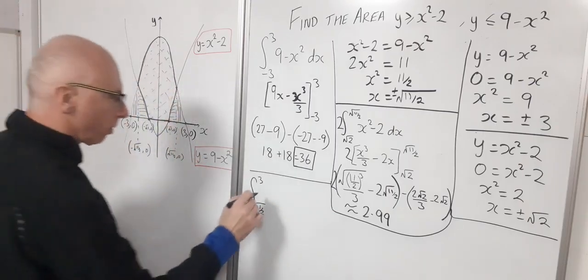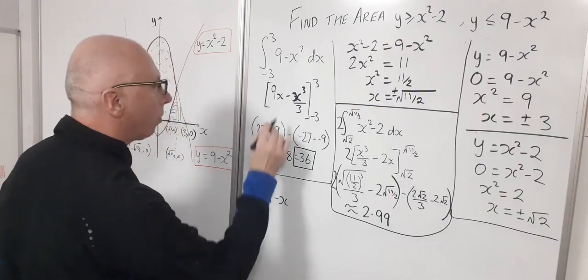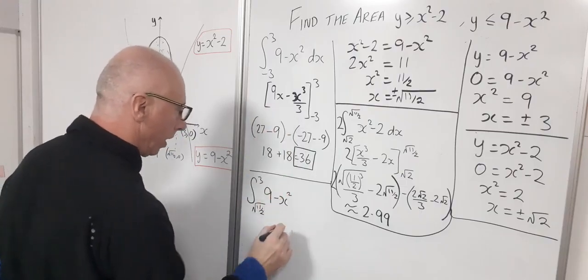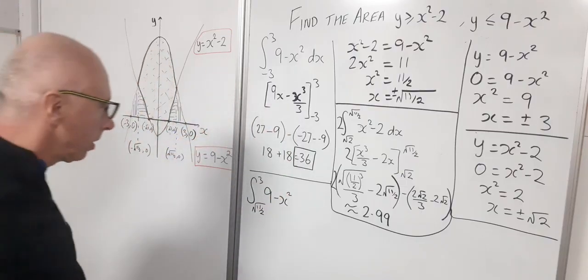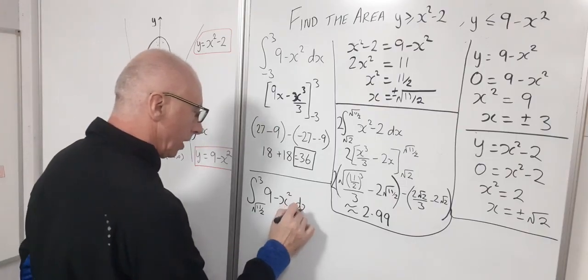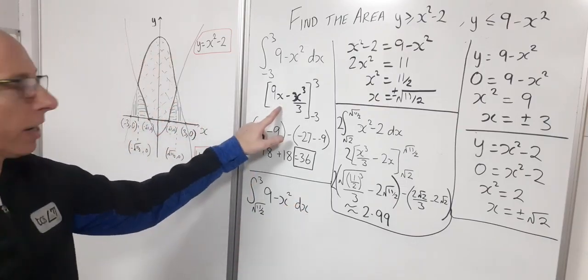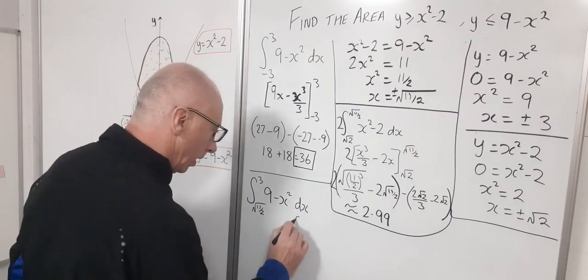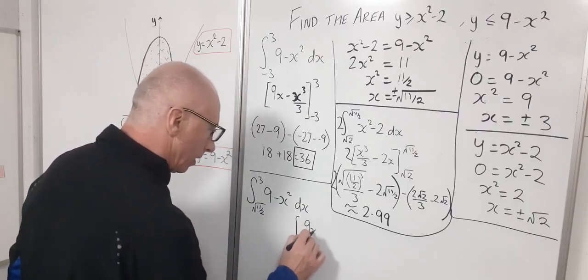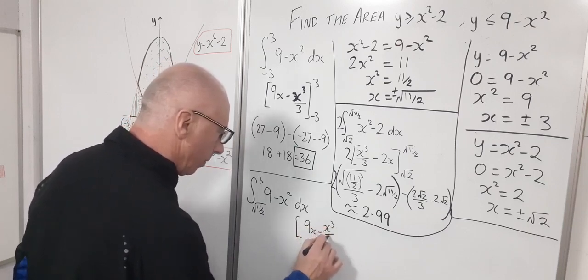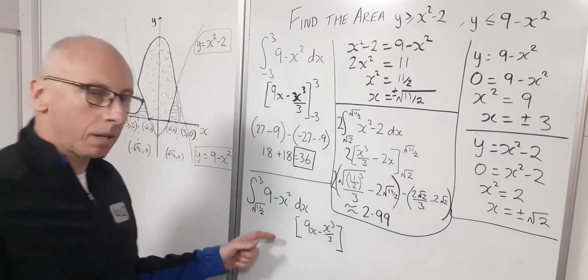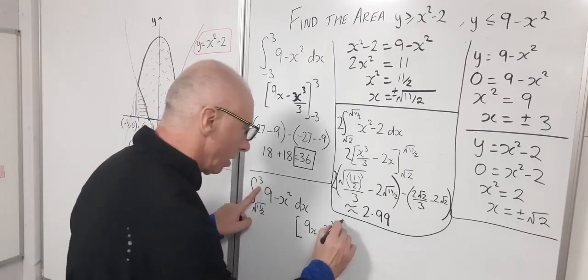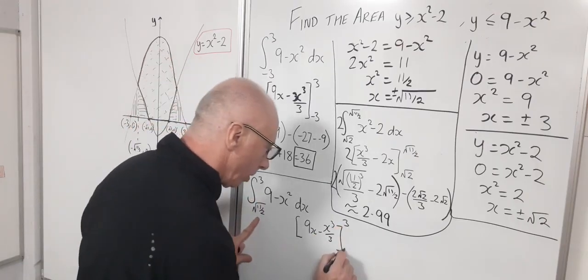What's the equation for this curve? It's 9 minus x squared. We've already integrated this curve here, but obviously with different bounds. So 9 minus x squared dx, we know the integral of that is 9x minus x cubed over 3. Now let's work along here. This time our parameters are 3 and square root of 11 over 2.